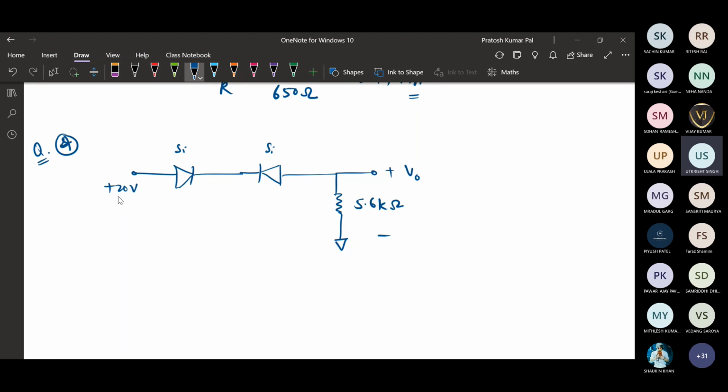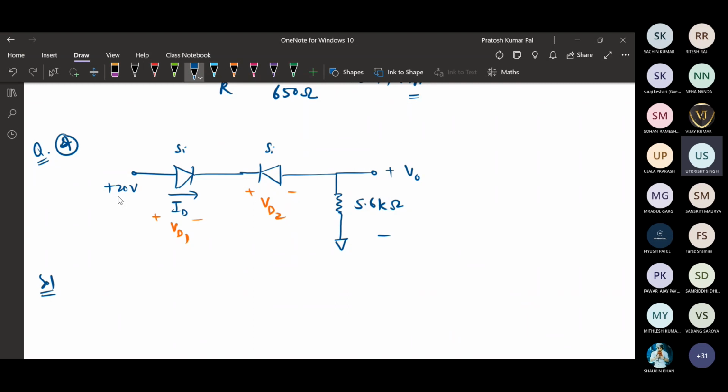If this is the circuit, the current will be flowing in this direction. This is the ID direction, and the voltage drop across this opposite diode is VD2, and the voltage drop across this diode is VD1.